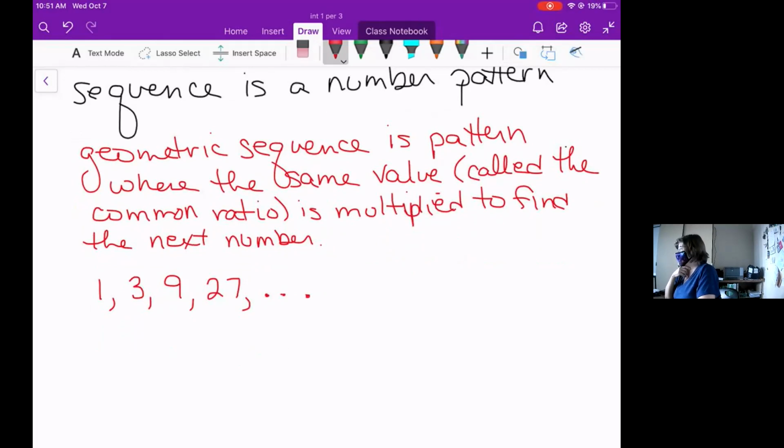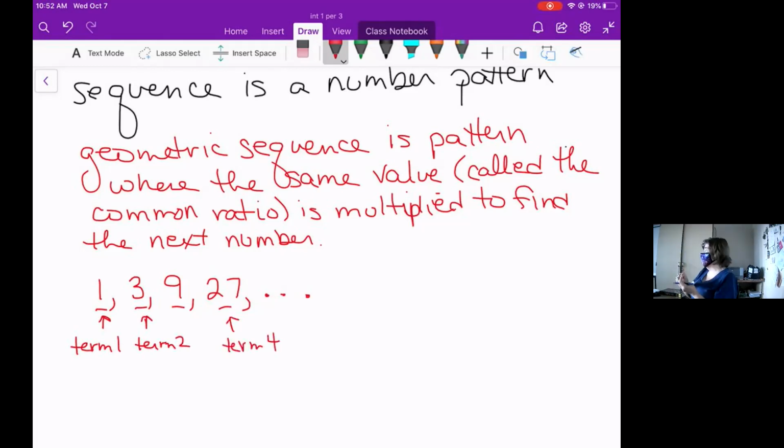It's multiplying by 3. What if you couldn't tell right away? So here's how we're going to do it. Each of these is a term. So this is term 1, term 2, and this one is term 4.